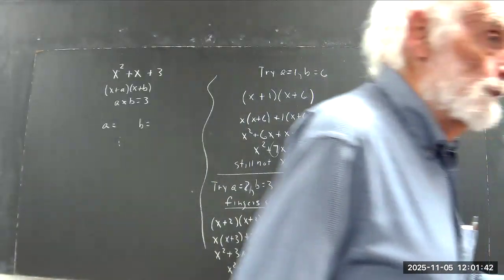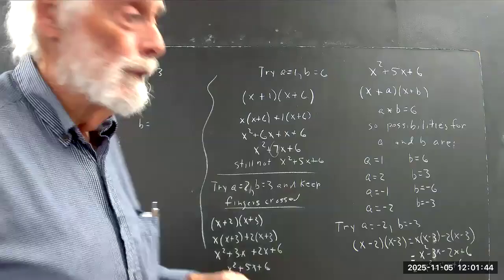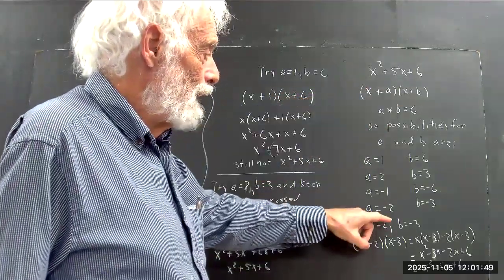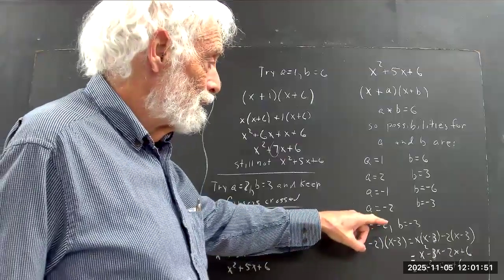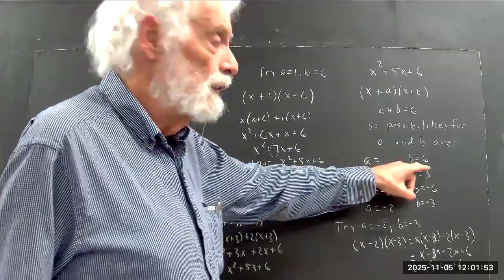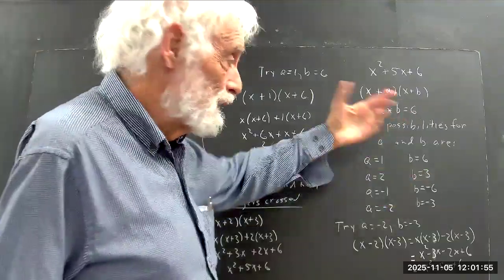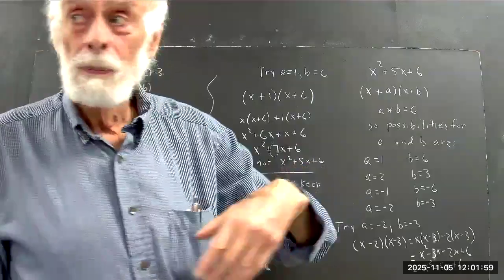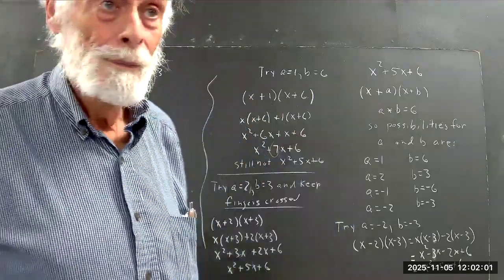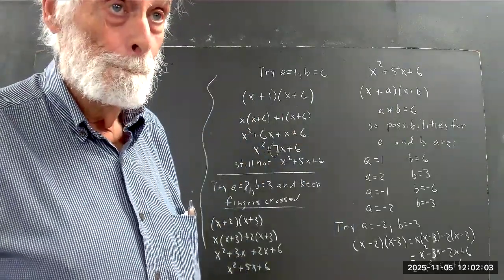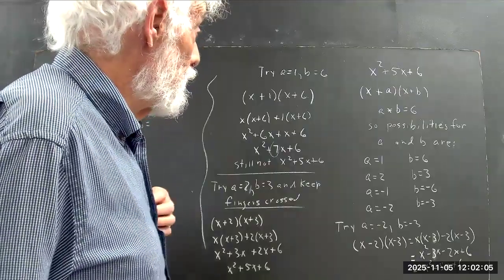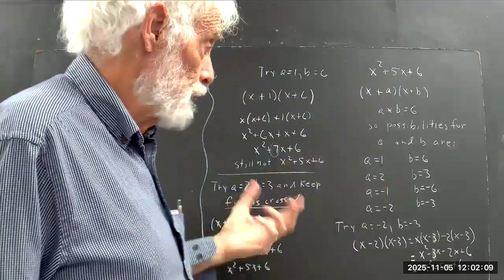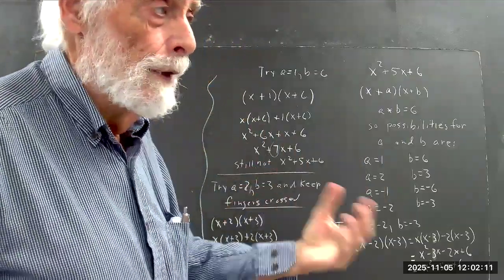One other thing I'll mention. In this case, I could have listed A equals 6 and B equals 1. But that's not going to make any difference because you're still going to be multiplying x plus 1 and x plus 6. So it doesn't matter in which order you multiply x plus 1 and x plus 6. So let's just make it kind of a rule.